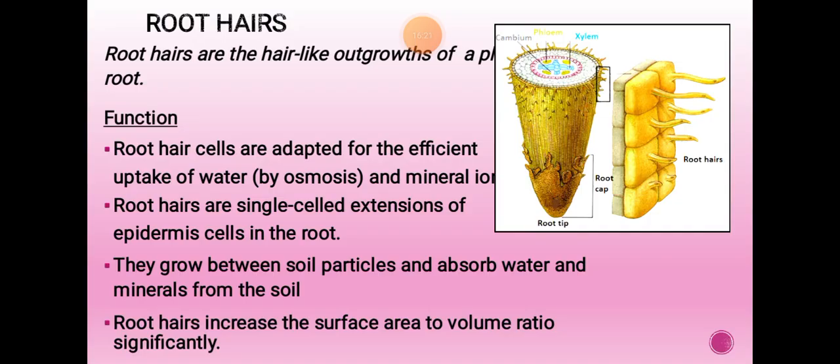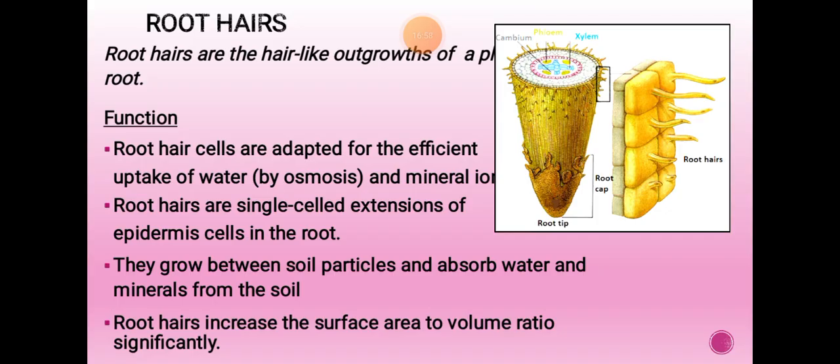They are present for the efficient uptake of water, meaning getting the enough water required by a plant body, by osmosis. Whether it is water or minerals, root hairs are capable of absorbing them with the help of osmosis.